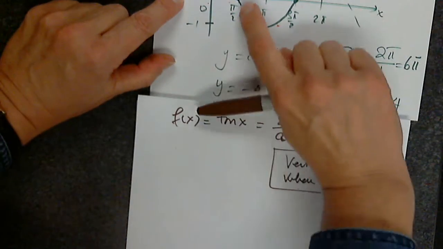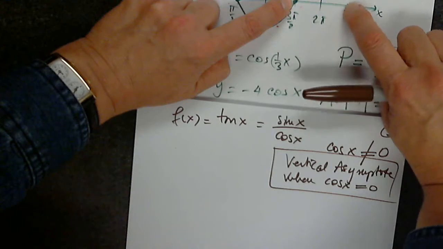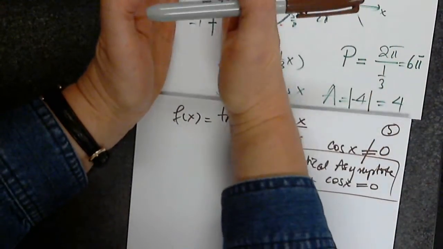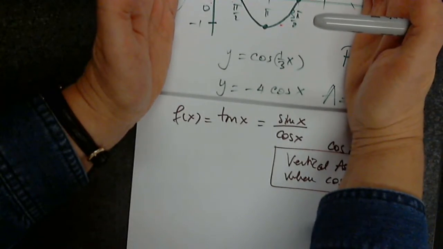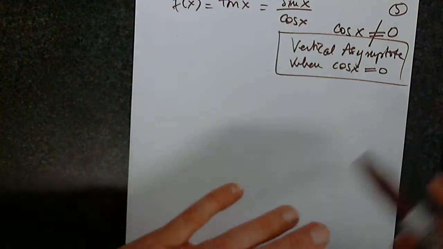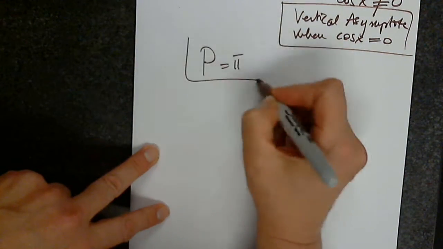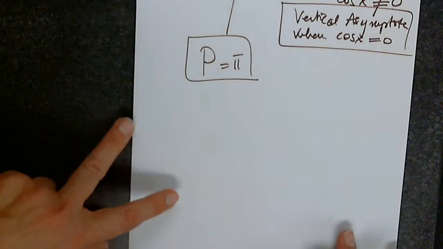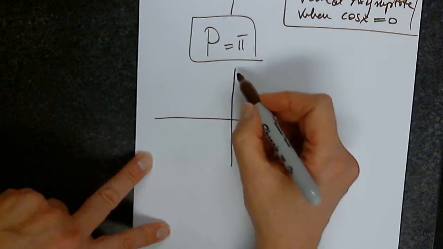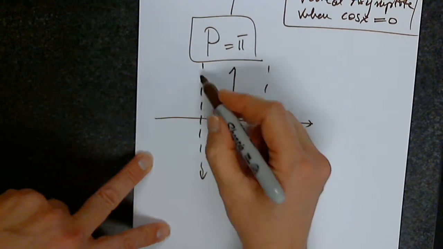So at -π/2, at π/2, at 3π/2, at 2π plus π/2, which is 5π/2, and so on and so forth, all these are vertical asymptotes for the tangent. Because the period for tangent and cotangent is π, we will graph it between -π/2 and π/2.